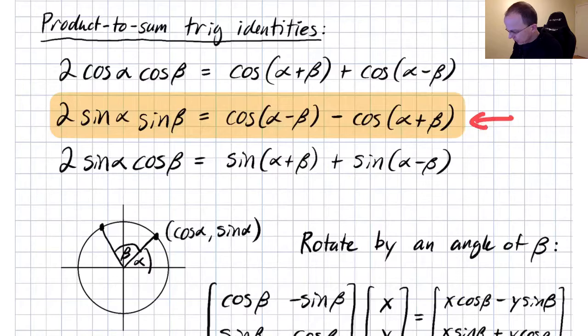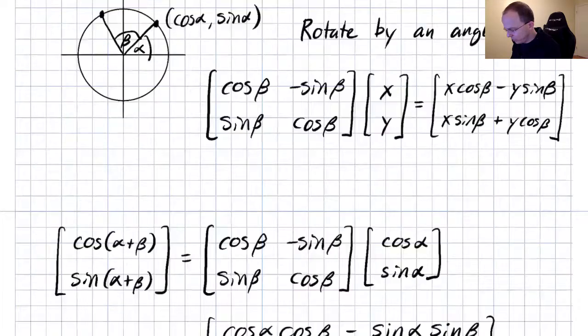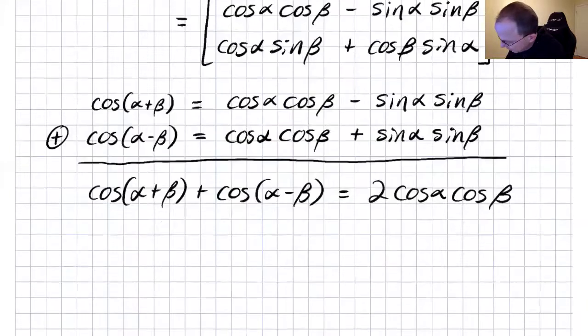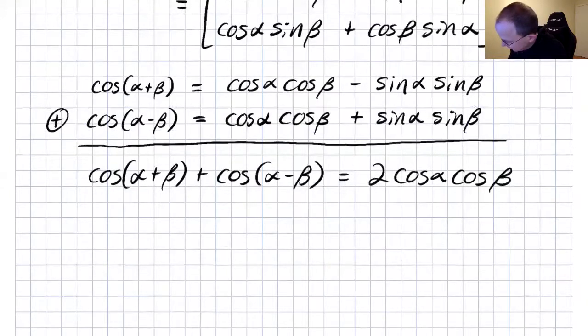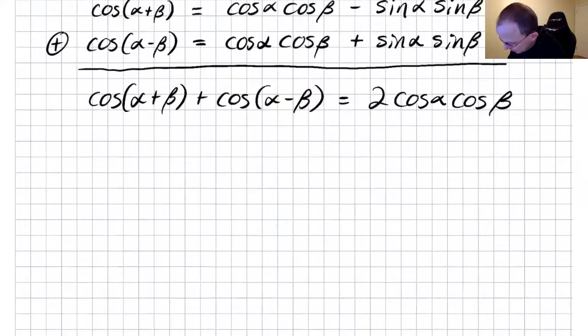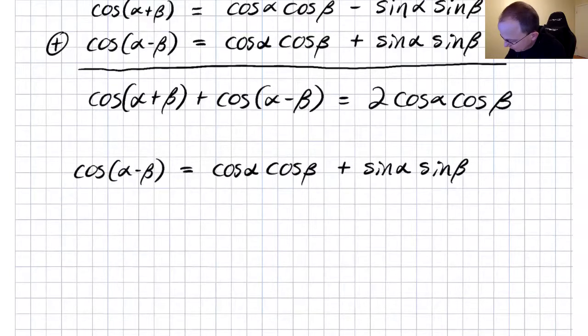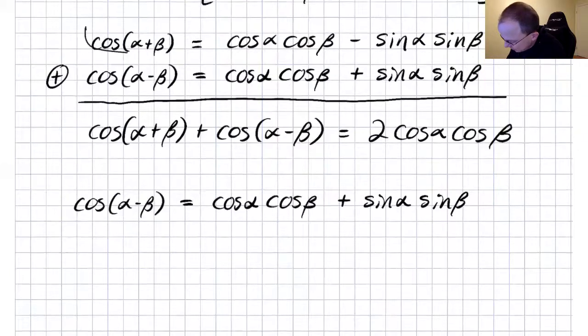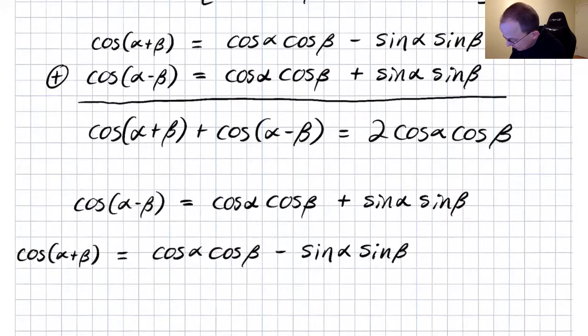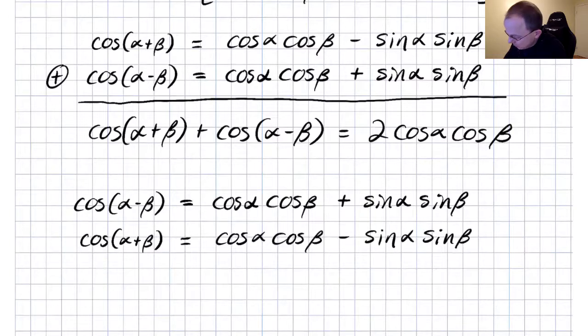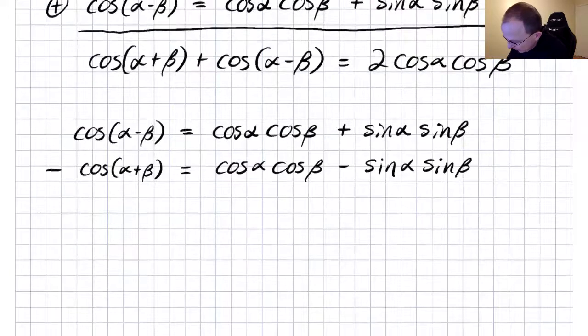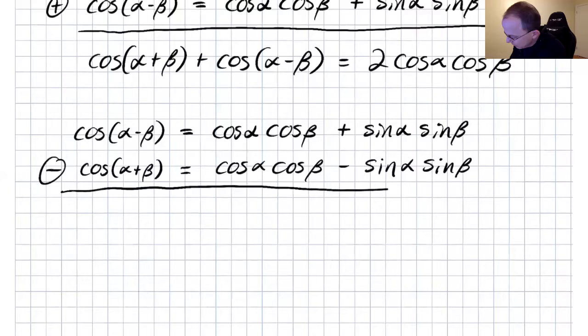Now what about the second one? So I guess we already see what we should do. We take this one, and we take the first one, and instead of adding them together, we're going to subtract.